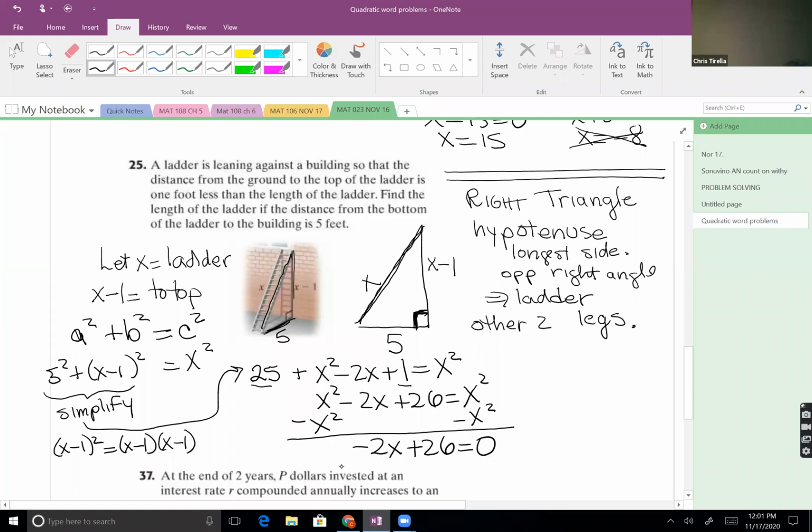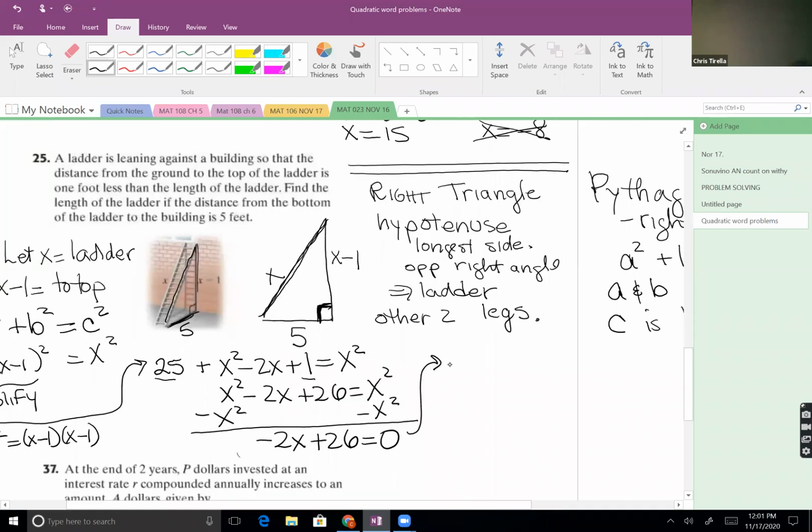And now, do you notice when I look at this equation, there's no x squared left? So to solve that, negative 2x plus 26 equals 0. I don't have to factor because there's no exponent. So I'll add 2x to both sides, which gives me 26 equals 2x.